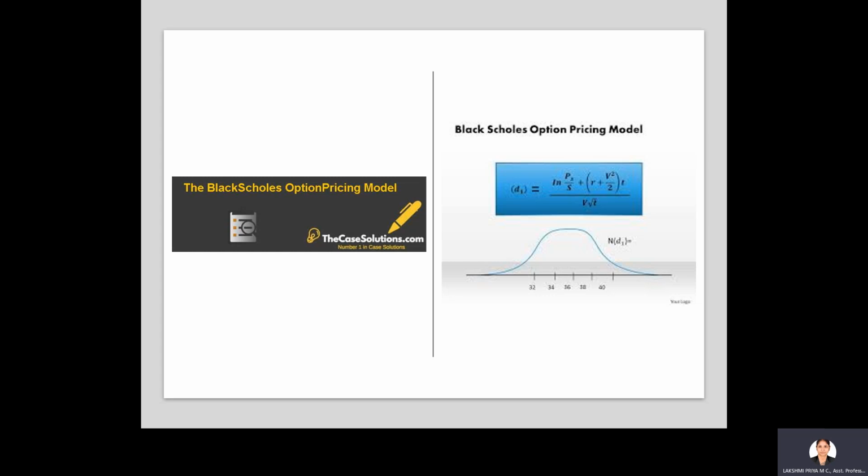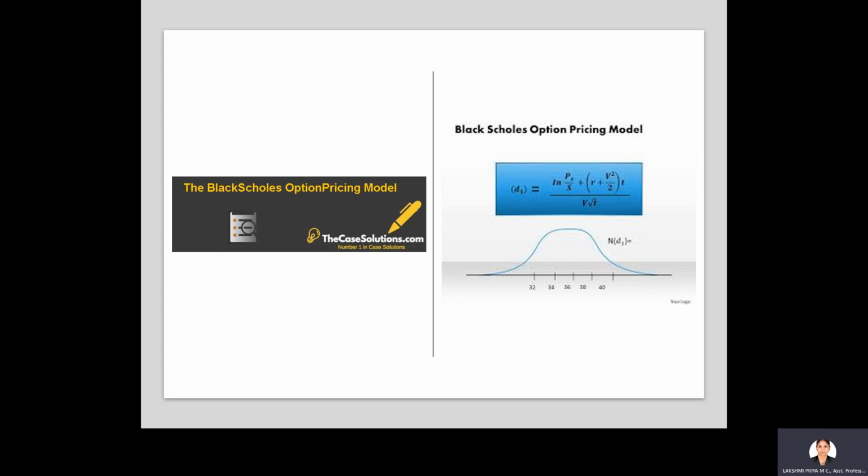Among these three modified multiples, the PEG multiple is a favorite of financial analysts, and it suggests that with a PEG multiple less than 1, the stock is undervalued, and with a PEG multiple of more than 1, the stock is overvalued.